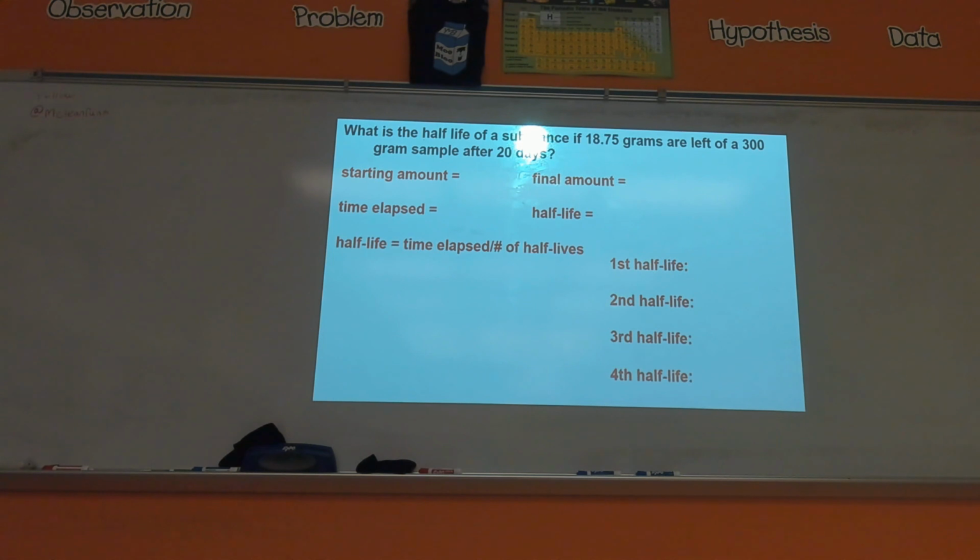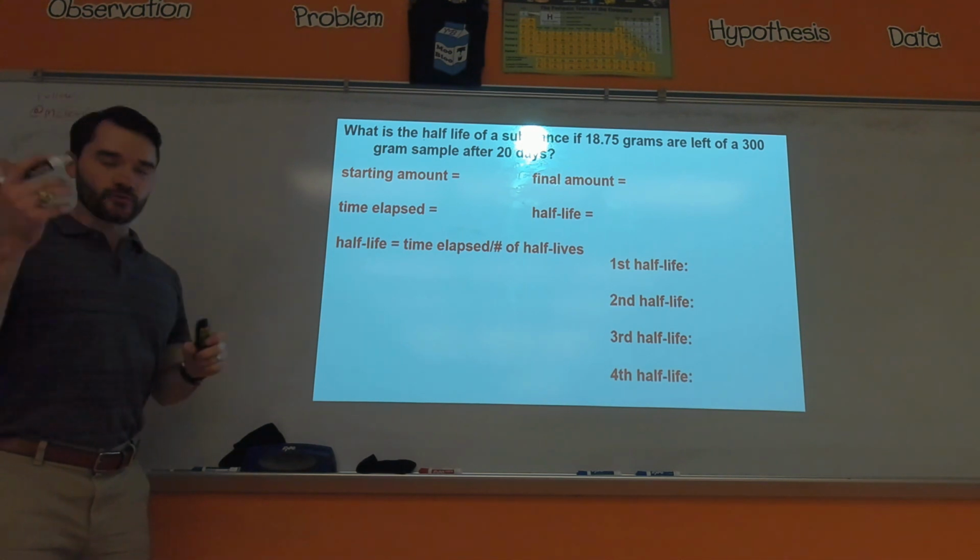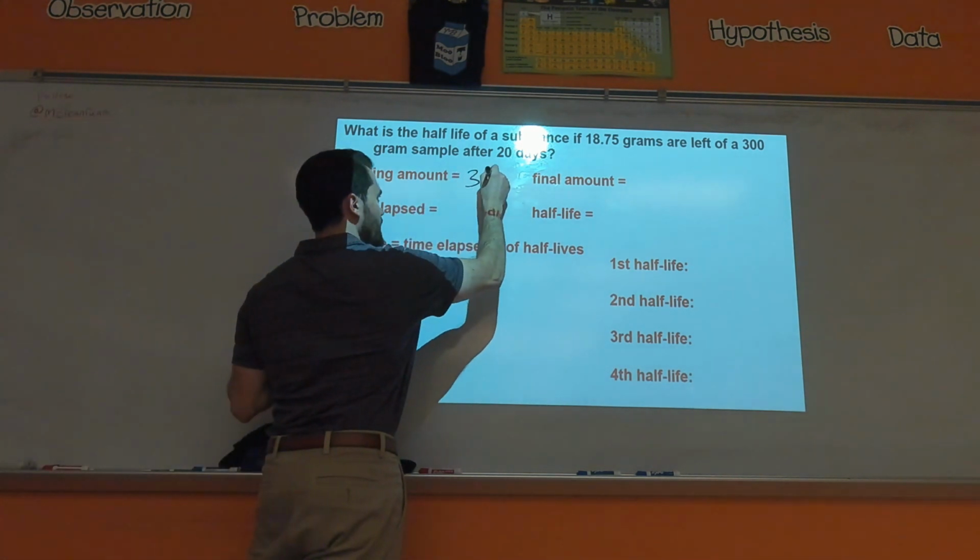They ask us, what is the half-life of a substance if 18.75 grams are left of a 300-gram sample after 20 days? So what you want to do is fill in the information you do know. Okay? What is my starting amount? 300 grams. Okay, so let's fill that in.